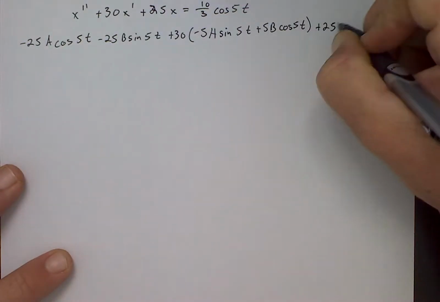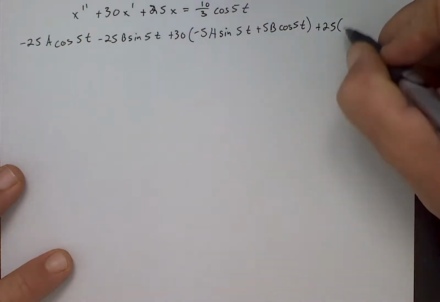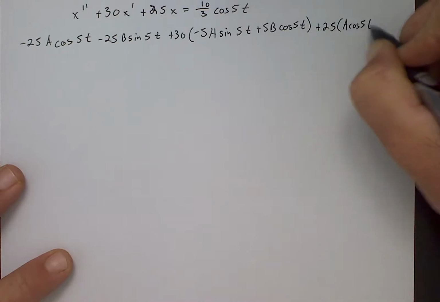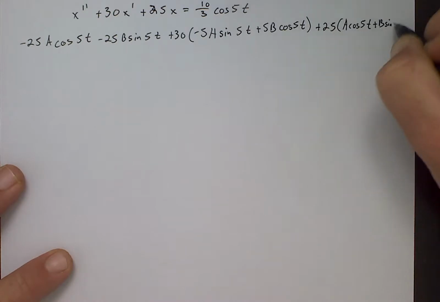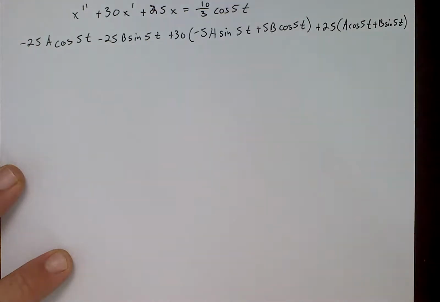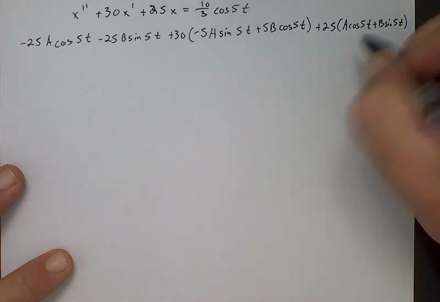Plus 25 times your x, which is a cosine 5t plus b sine 5t, equals 10/3.